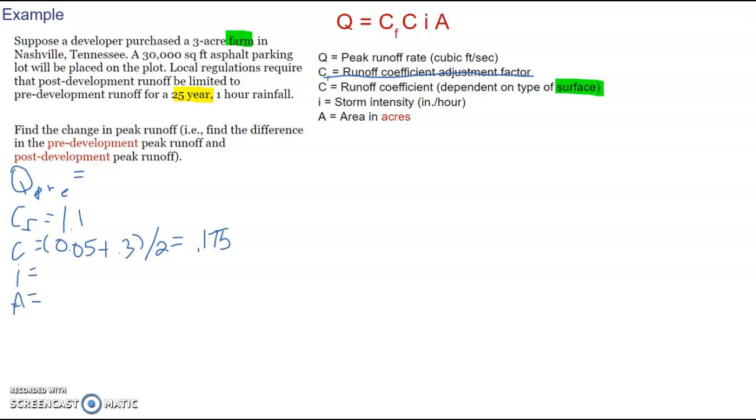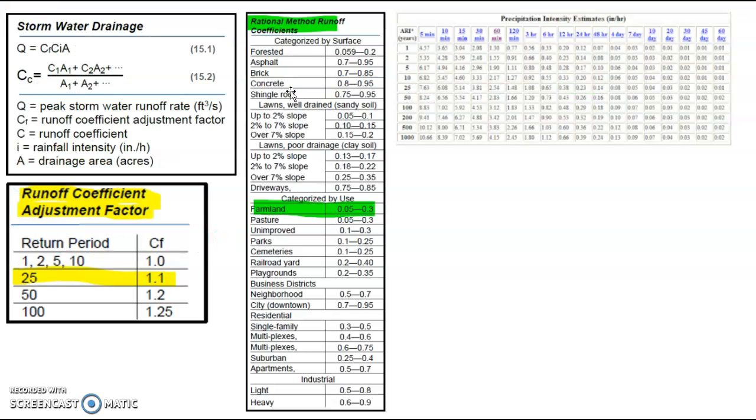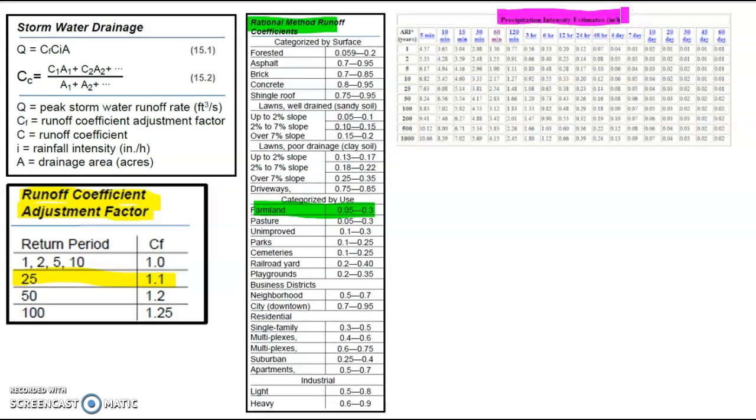Next we're going to look at our I, which is our storm intensity in inches per hour. So we have a 25-year, 1-hour rainfall. We are going to use our precipitation intensity estimation, and we're going to look at a 25-year, 1-hour storm. Those two converge at 2.54, so that is 2.54 inches per hour.